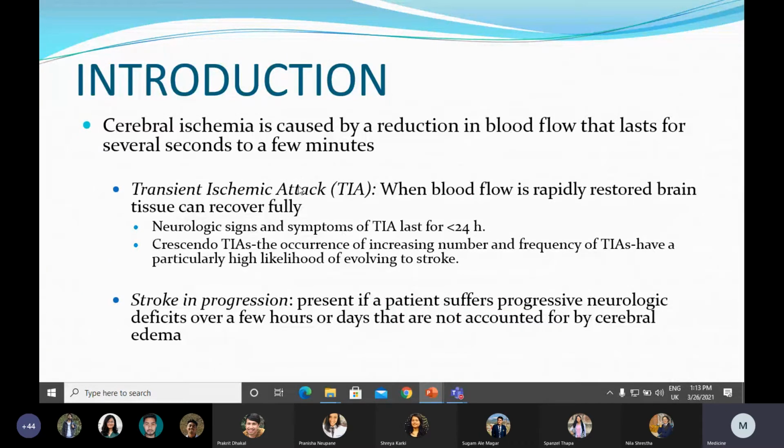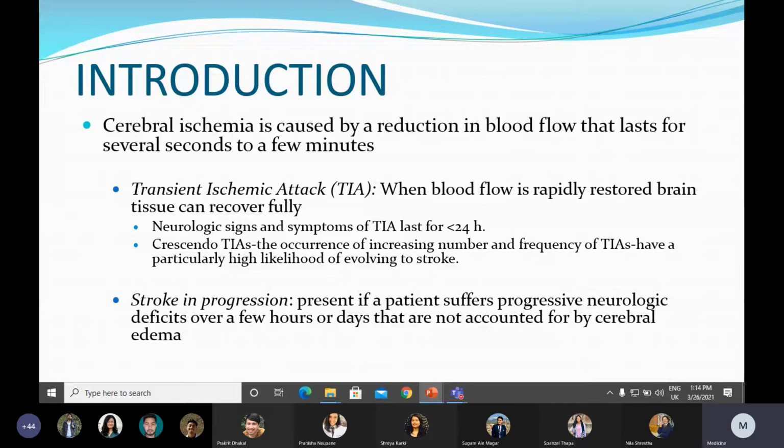Cerebral ischemia may be because of many conditions, like it may be embolic or thromboembolic, and there will be a reduction of blood flow, and if it lasts for a few seconds or a few minutes, then there will be cerebral ischemia. And there are a few terms like transient ischemic attack and stroke in progress.